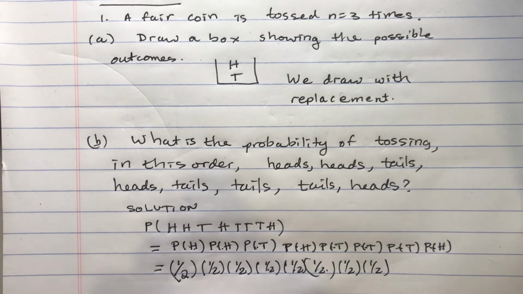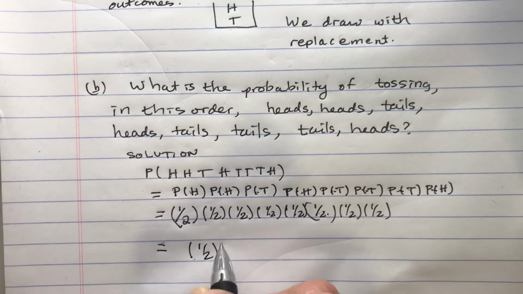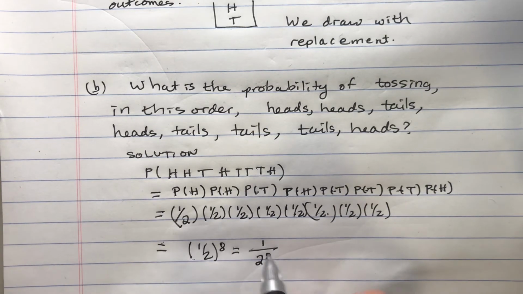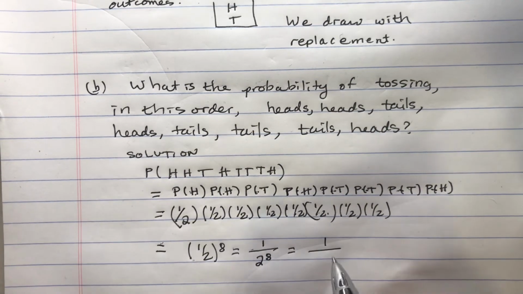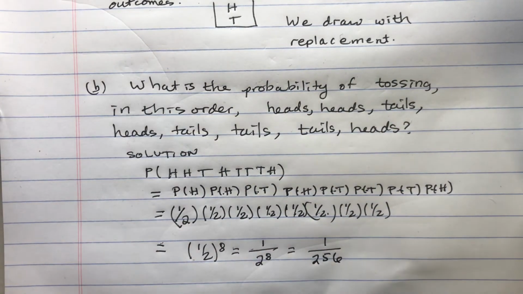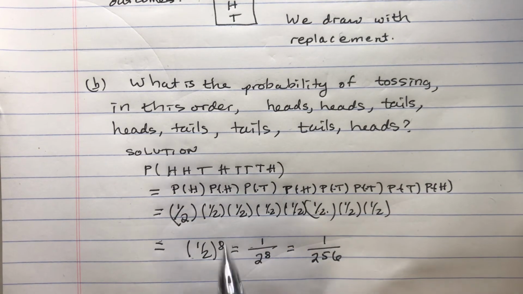And this can be written as 1/2 to the 8th power, which is 1 over 2 to the 8th. Whichever way you can use a calculator, I just remember that 2 to the 8 is 256. So that's the probability of getting this exact lineup.